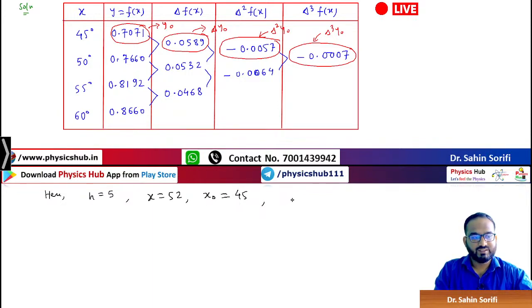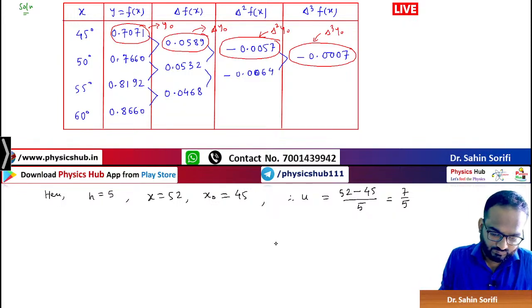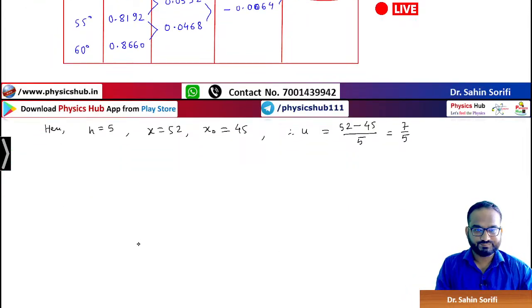So what is the value of u? u is (x minus x0) by h, so this is equal to 7 by 5. Which option are you getting, guys? Harry, Deep, Murli, which option are you getting?